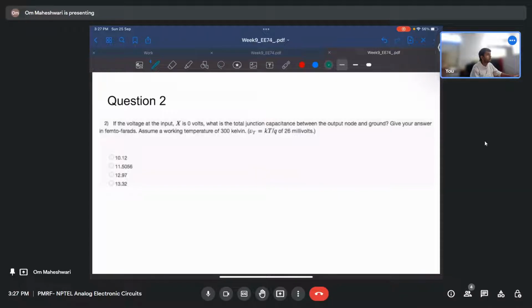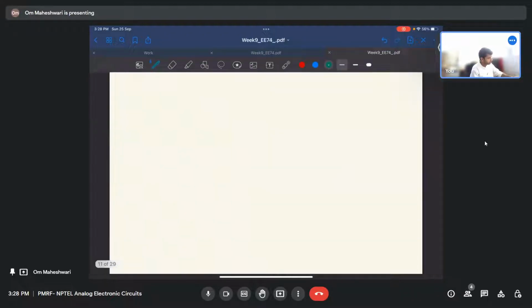So question 2 is the same, only what they have given is the input voltage, so the bias is different, so input is at 0 volts. We have an inverter actually.